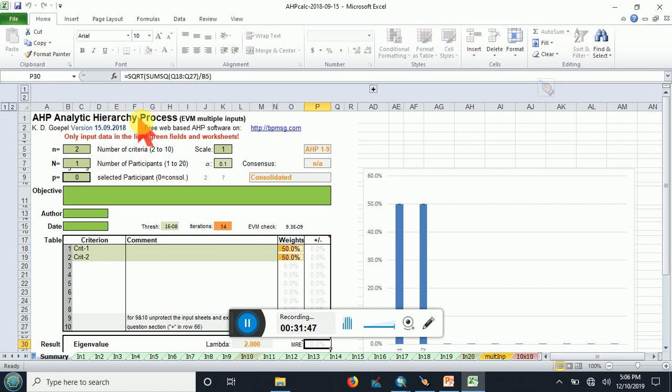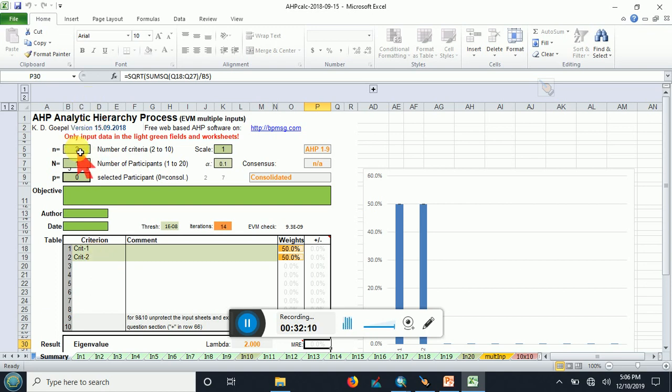You have the option to change values in light green. That means here, here, here, and similarly here. Those are the criteria, the factors that we are going to consider. That means the 5 factors.